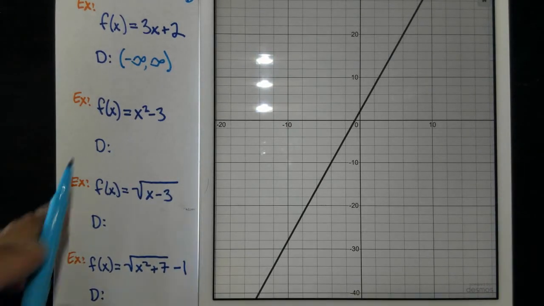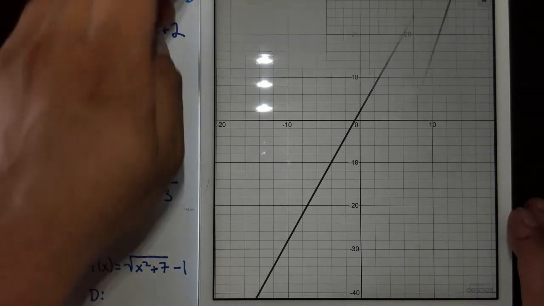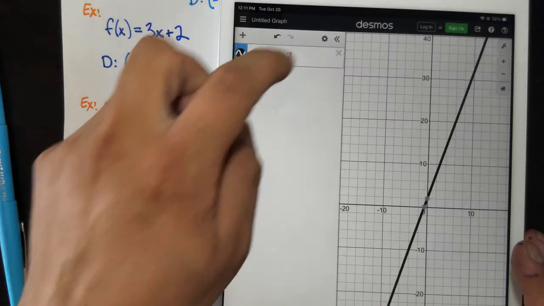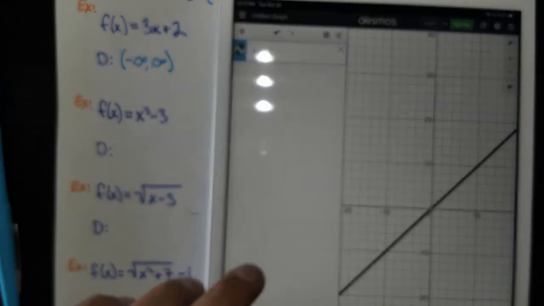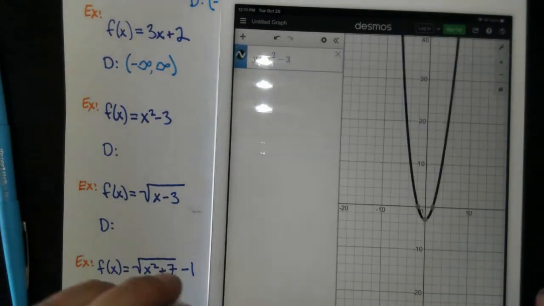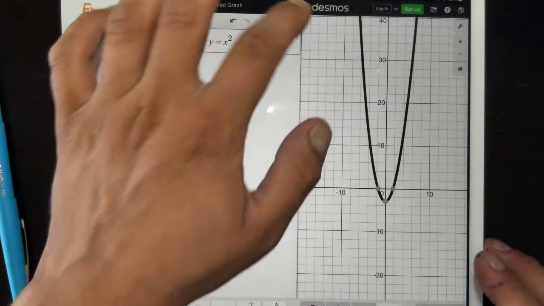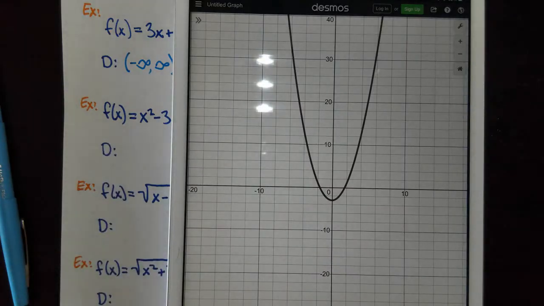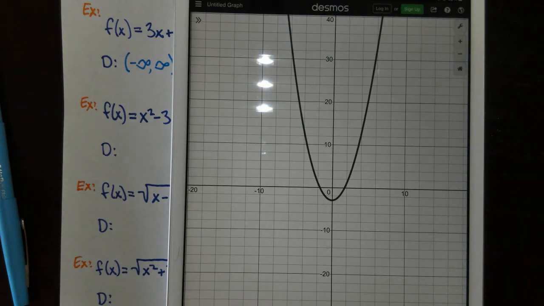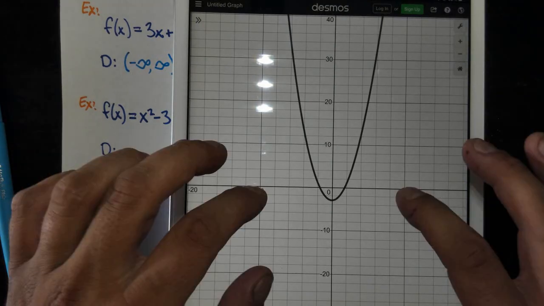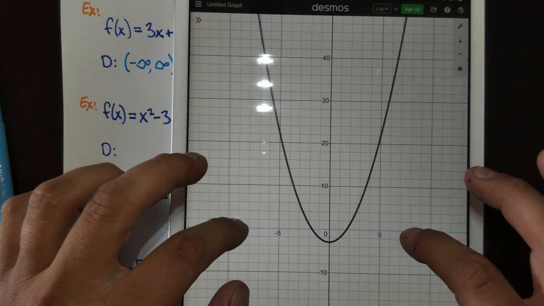I'm going to go ahead and graph x^2 - 3. And here we are given a parabola, right? It's a quadratic function, so we expected a parabola. Now, this also goes left and right forever.